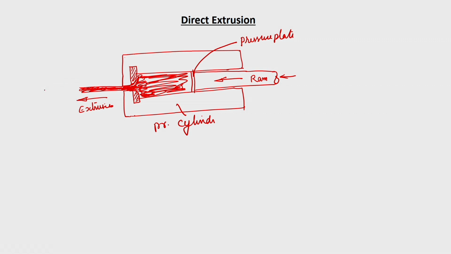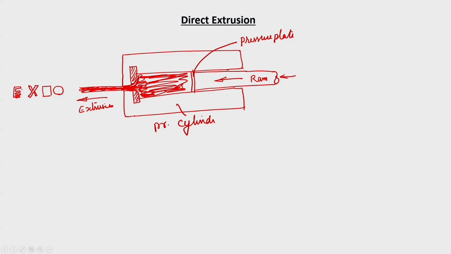In this die the orifice, if it is circular you can get a circular cross section, if it is square you get a square cross section, if it is in the form of an X shape you will get an X shape. Sometimes for aluminum doors and other things, you may see this type of shapes also.